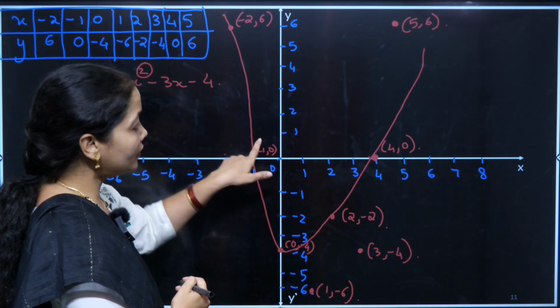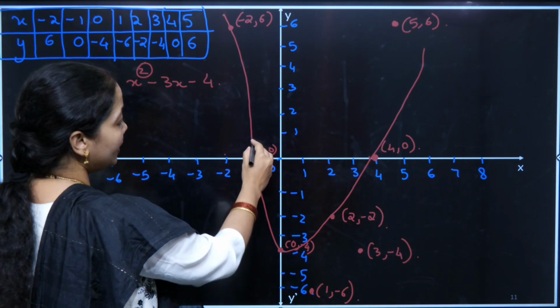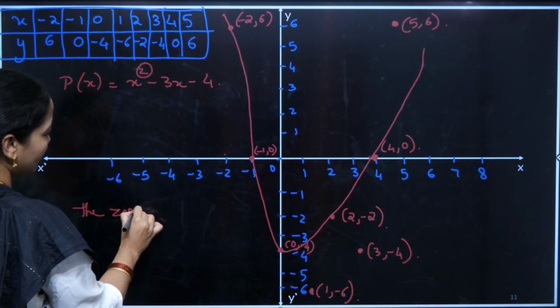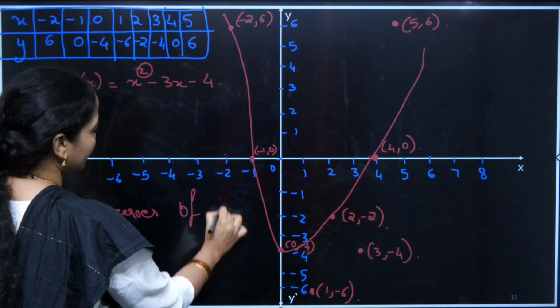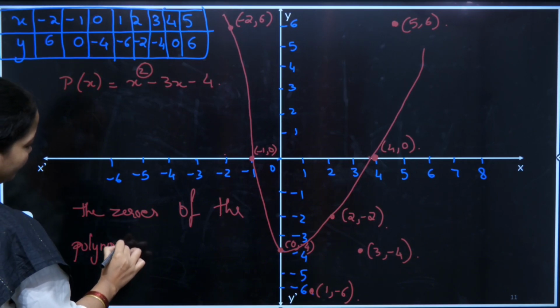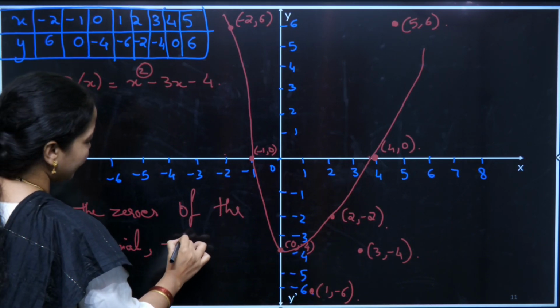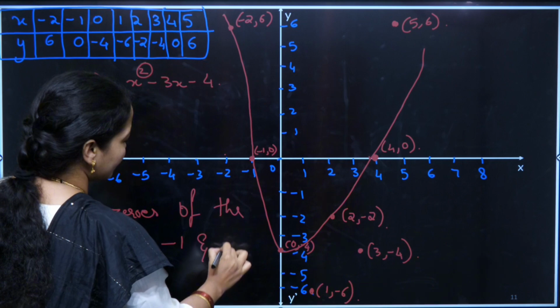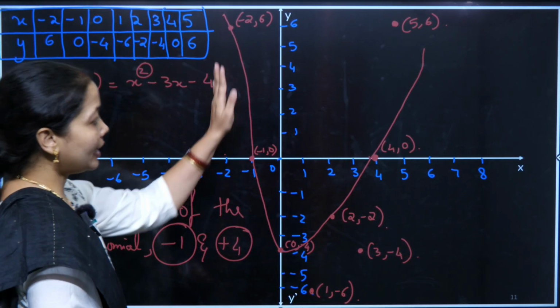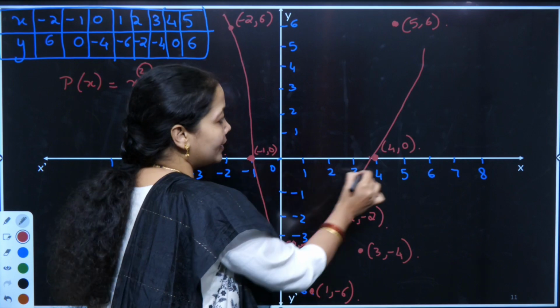So the zeros of this polynomial will be negative 1 and positive 4. These are the two positions where the graph is touching the x-axis here.